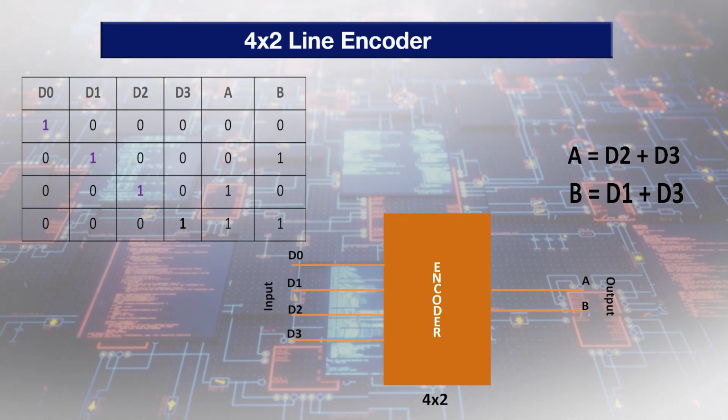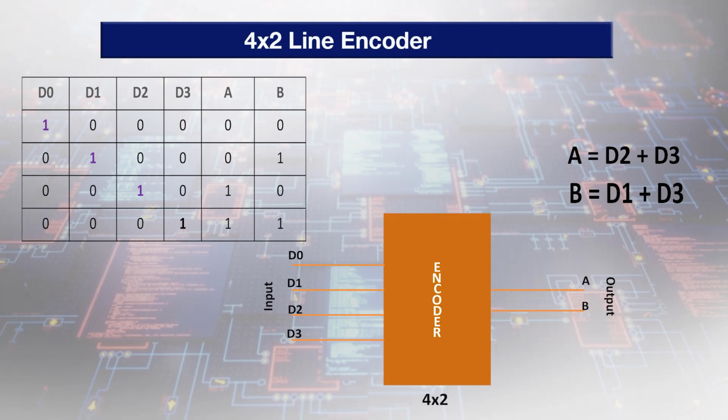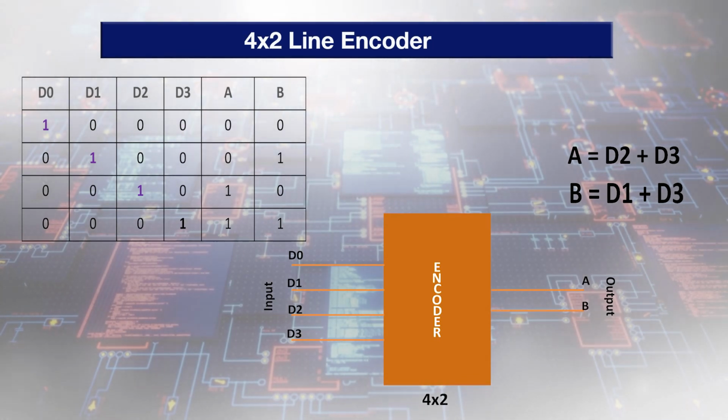Likewise, output B will be high whenever D1 is high or D3 is high. That means the logical expression for output B is equal to D1 plus D3, and these two logical expressions can be implemented with the help of OR gates. So, this is the logical circuit of this 4-line to 2-line encoder.